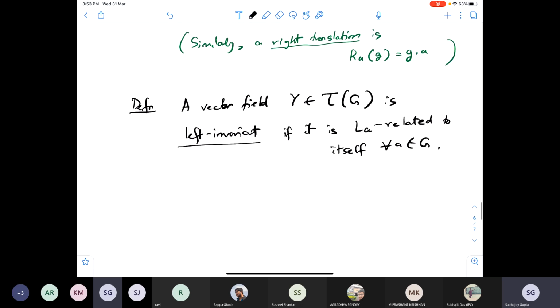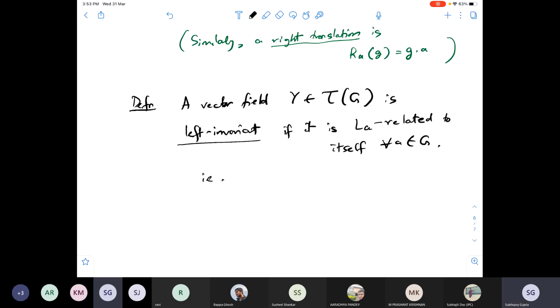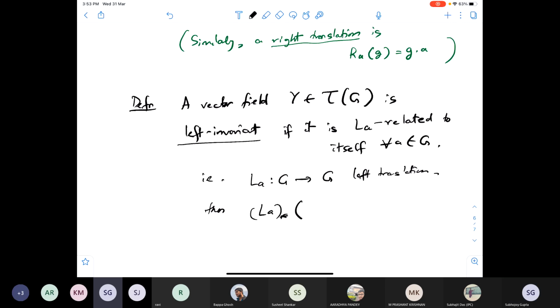Let me write this down again. This means that if you look at left translation by A, then the push forward of any tangent vector, let's say this is a tangent vector at the point G, this is going to be Y, this is going to give you the same vector field.